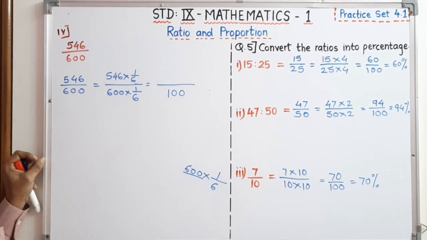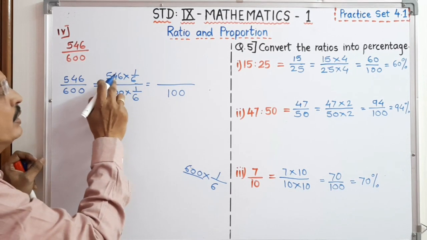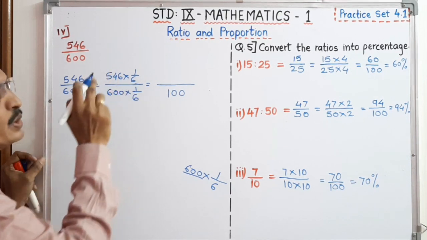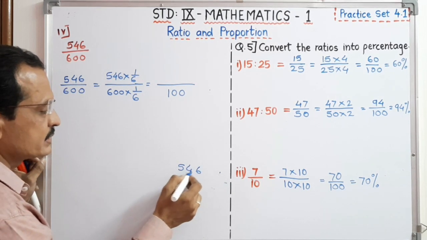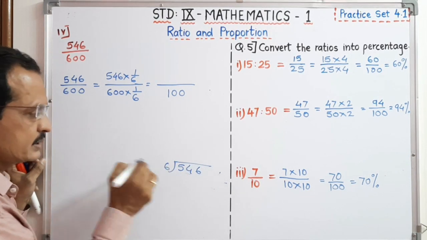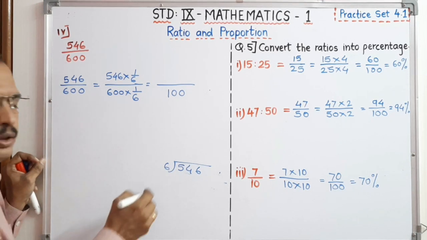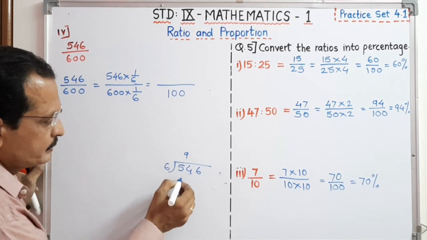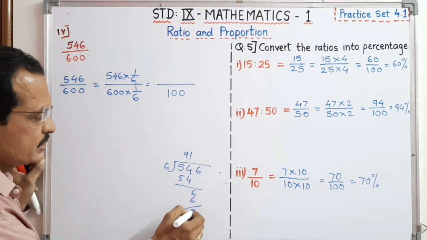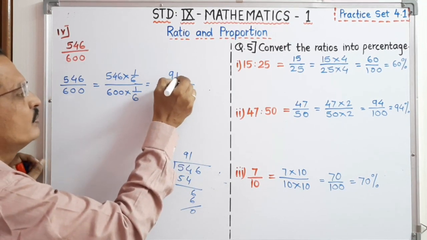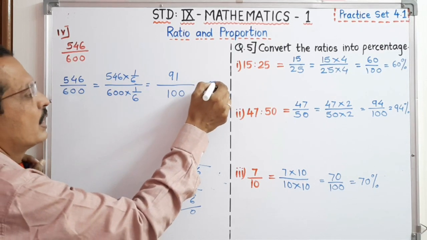Now we have to divide this 546 by 6. Therefore see here, 546 divided by 6. Here it is 9 and here it is 6. 6 ones are 6, it is 0, therefore it is 91, and we get here 91%.